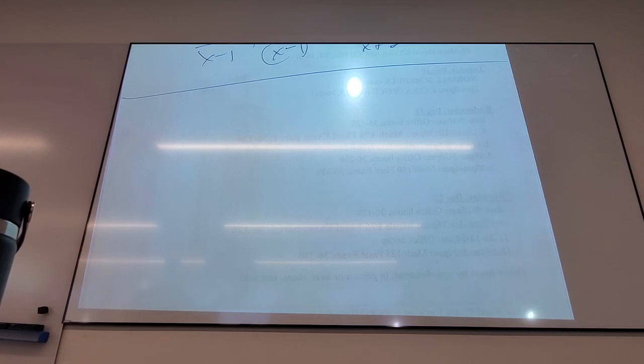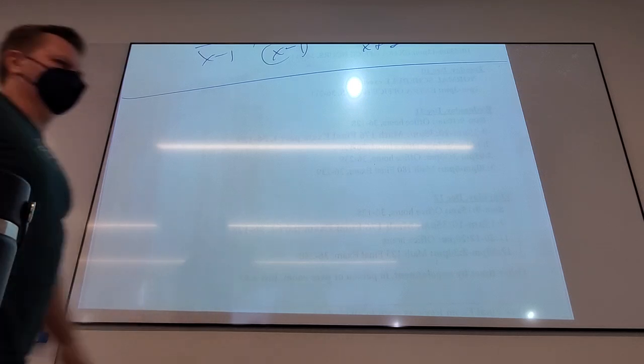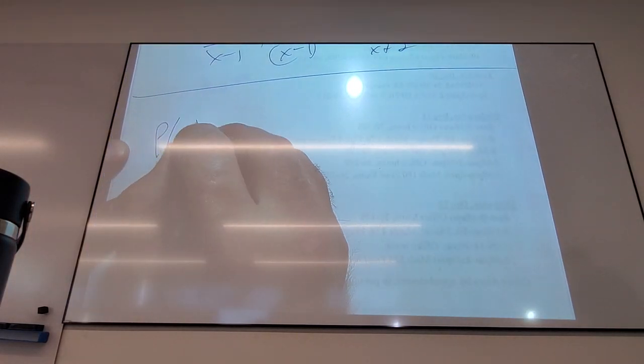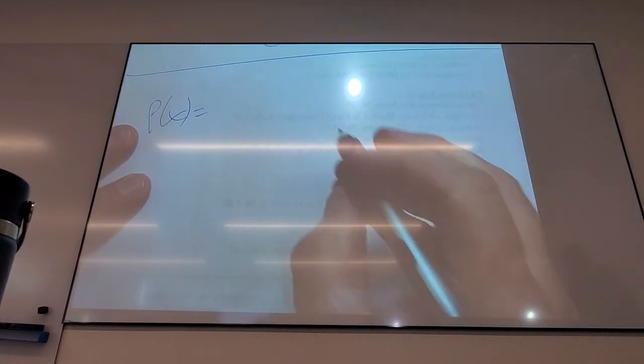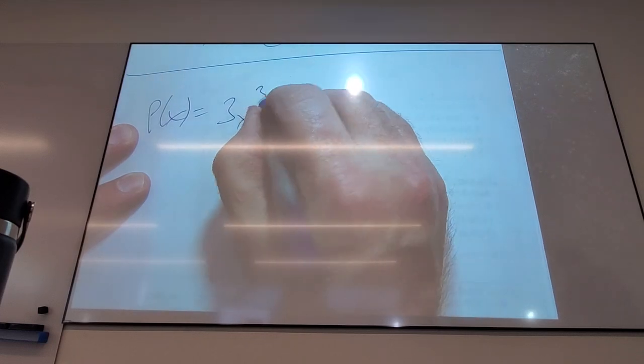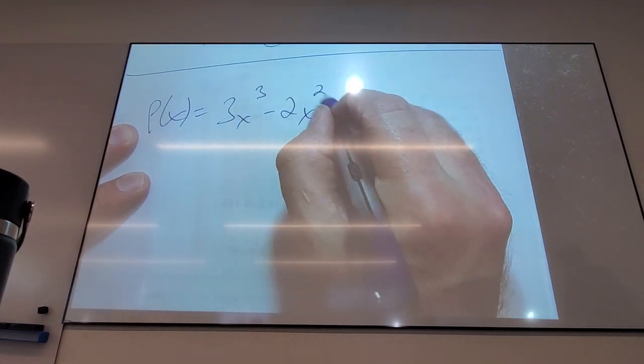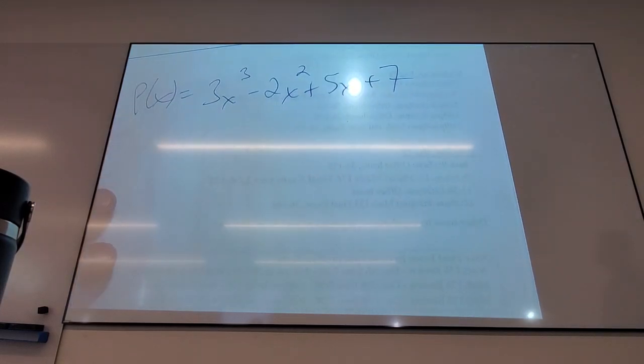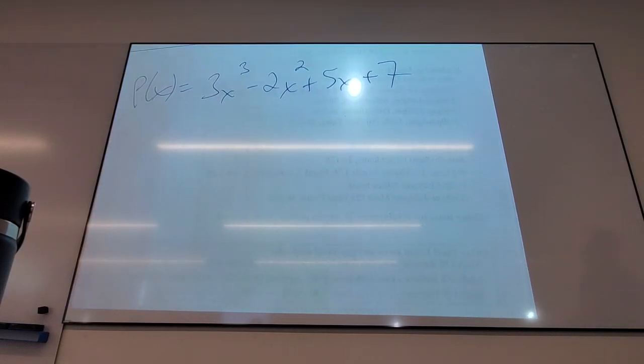Those are the signs and upper and lower bounds. So guys, what would Descartes' rule of signs say here?